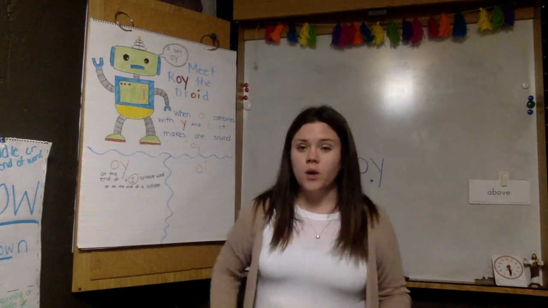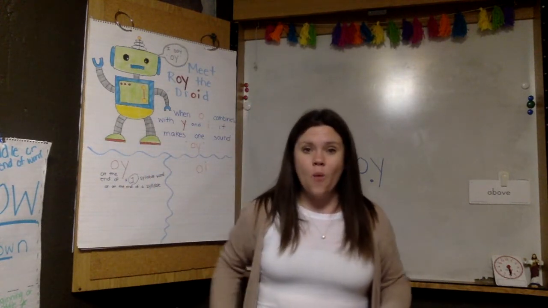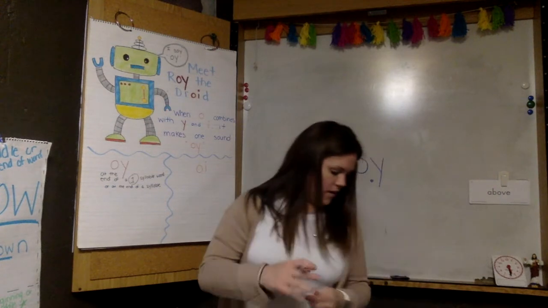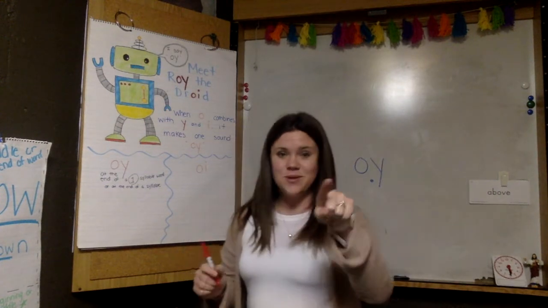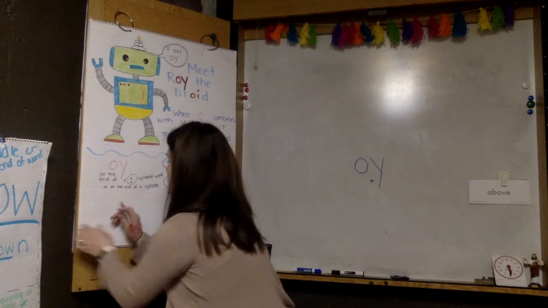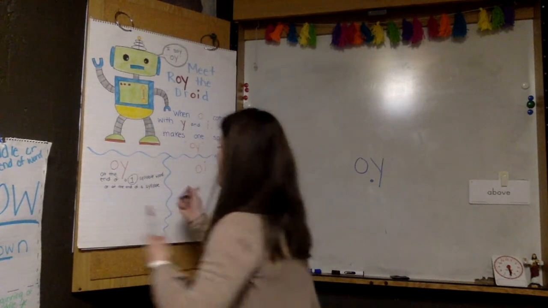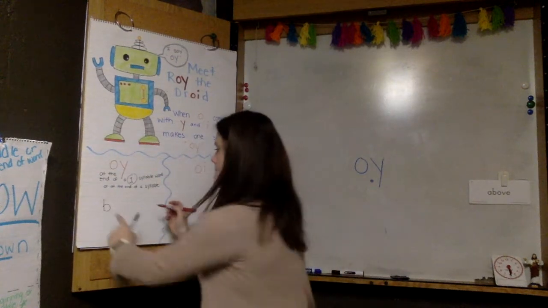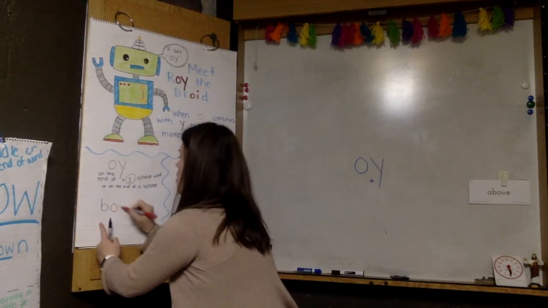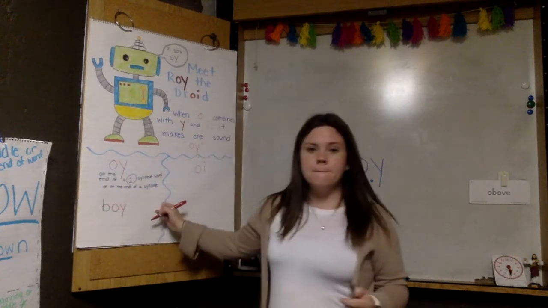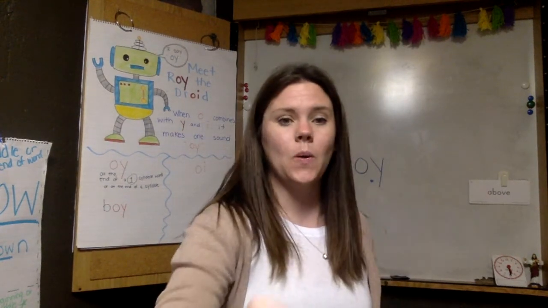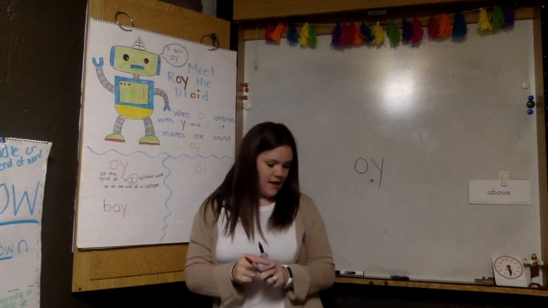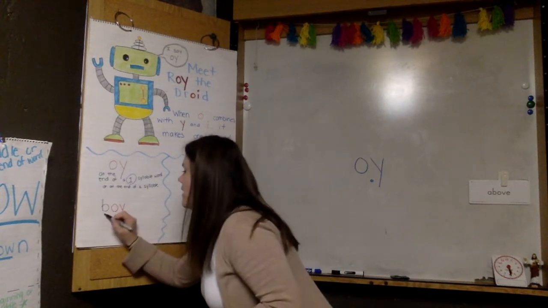So let's look at what our words are this week with OY for our spelling. Well, I showed you an example already, that you guys are boys, right? Let's do B, boy. B says B, O-Y. Boy, right? You guys are boys. A rhyming word with boy is the word toy.